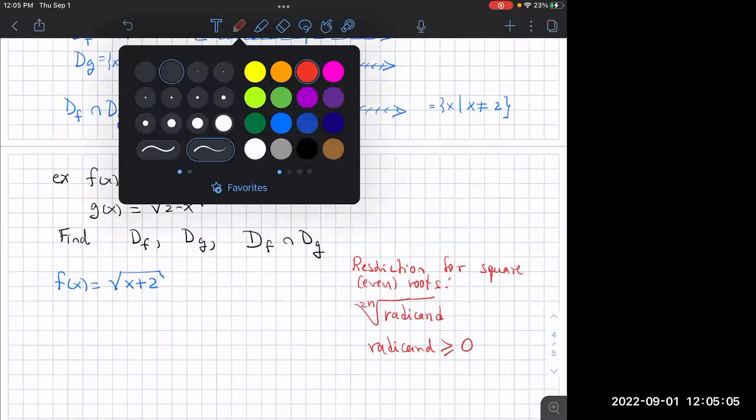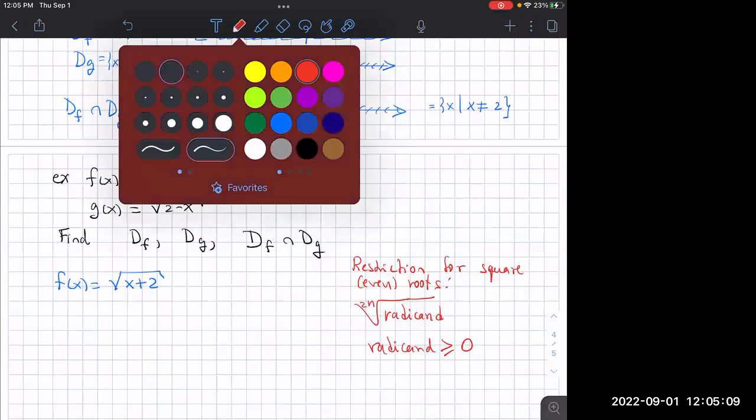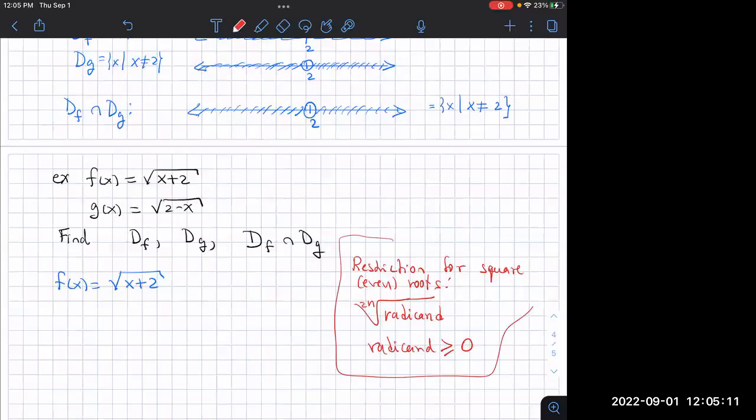Okay, so then I look at this and we ask, what is the radicand for f of x? It is the expression within the square root. The whole thing is the radicand, x plus 2. So the radicand is x plus 2, and that must be greater than or equal to 0.